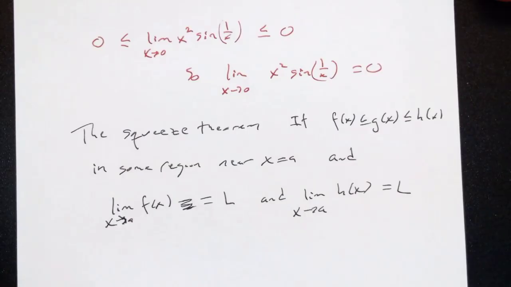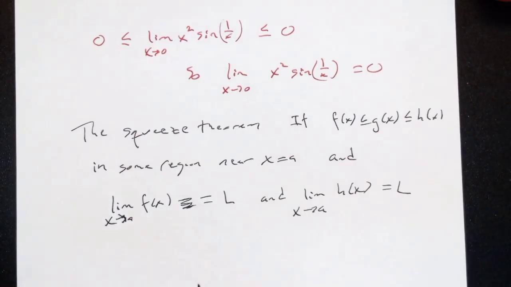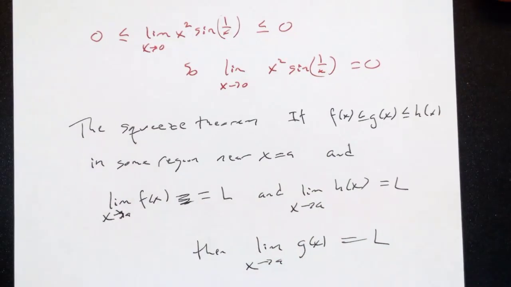G is the one trapped in the middle. If the outside pieces squeeze together at this spot, then the one trapped in the middle must also get stuck there.